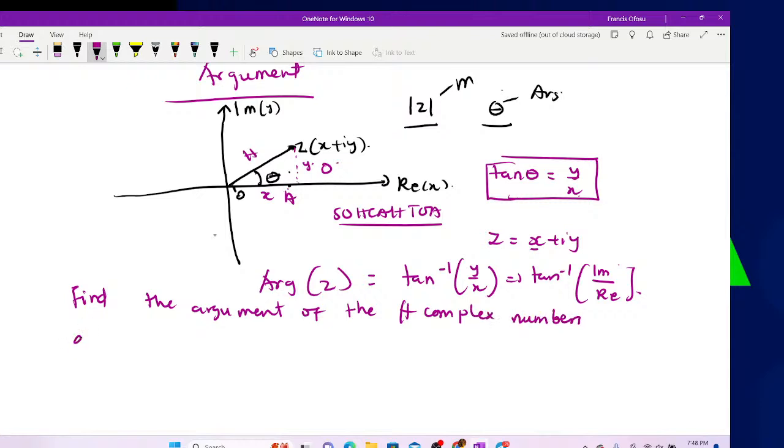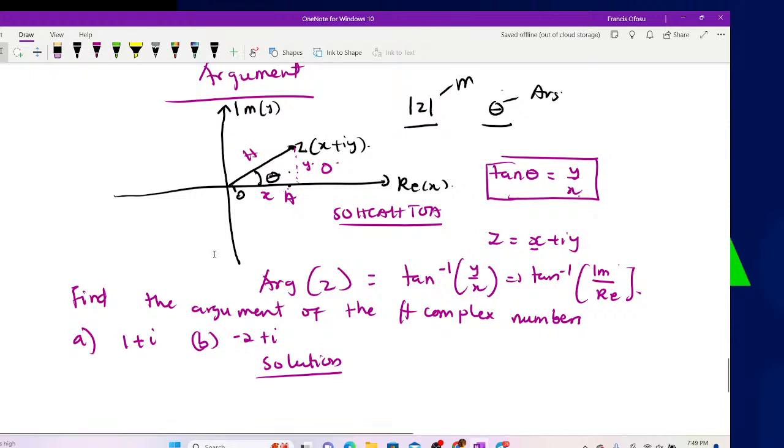So I'll have my A, which is 1 plus i. Then I'll have B, which is simply equal to 2 minus i. Right, so let me make it negative 2 plus i instead. I'll explain why. So let's find the solution for this problem.